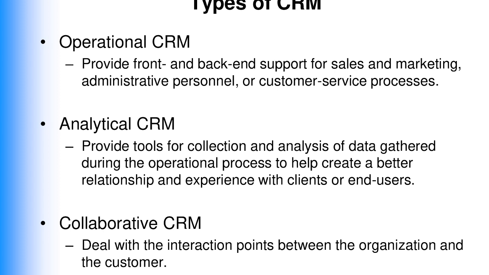So in operational CRM, if they do not act properly, the customers will never rate them in a very good manner. When you talk about front and back end support for sales and marketing, administrative personnel, or customer service processes, whichever it is, that is operational CRM, where, as I told previously, they have a direct relationship with the customers.